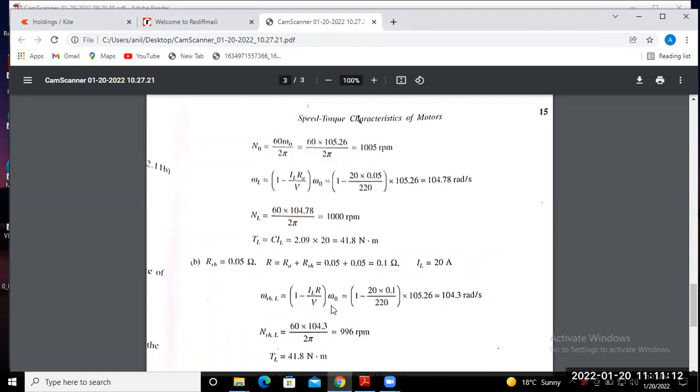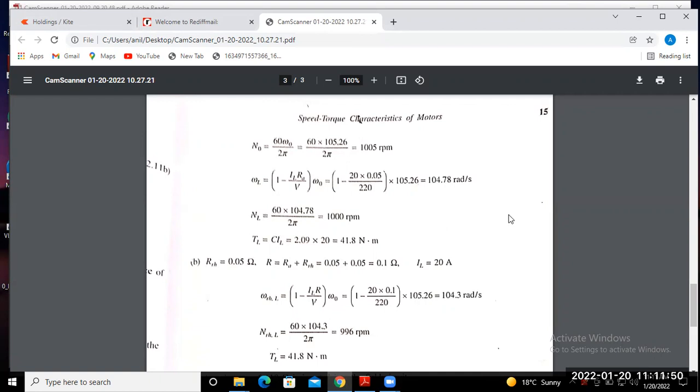Omega 0 is your 105.26. So if you simplify, then 1 minus 20 into 0.1 divided by 220 into 105.26, that is almost nothing but 104.3 radian per second. And again, if you convert in revolution per minute, that means 60 omega RHL by 2 pi.